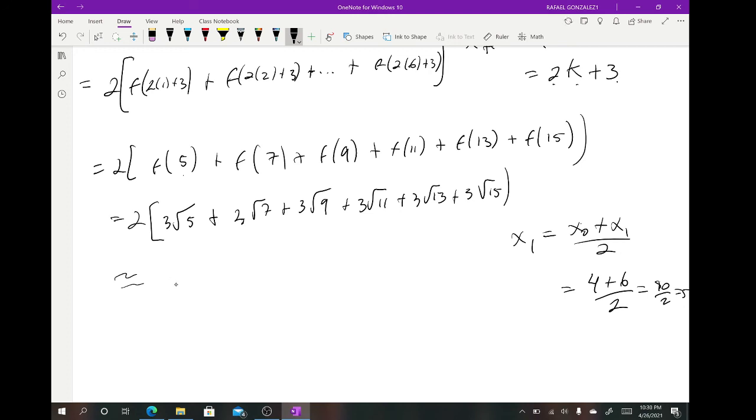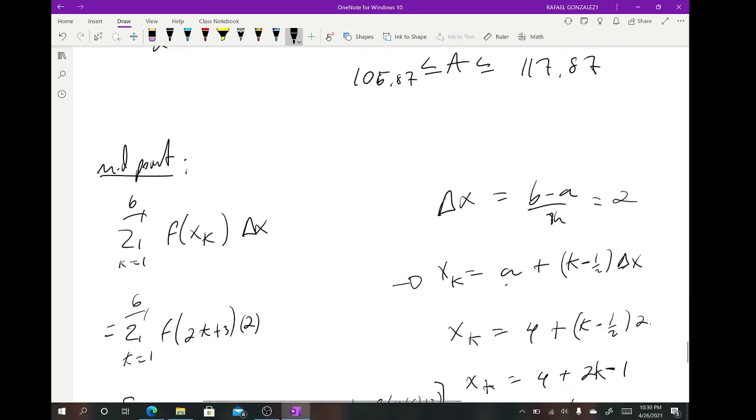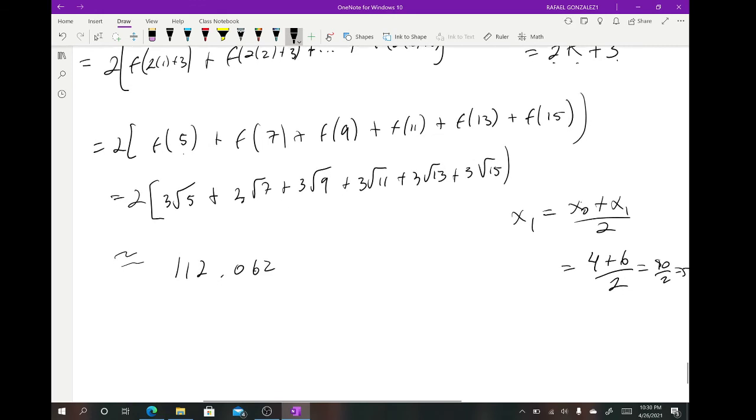But it's approximately equal to 112.062. So we definitely have a much better approximation for our area than before. So we're getting closer. Now, if you increase the number of partitions from 6 to, let's say, 100, then you will definitely come to the solution.